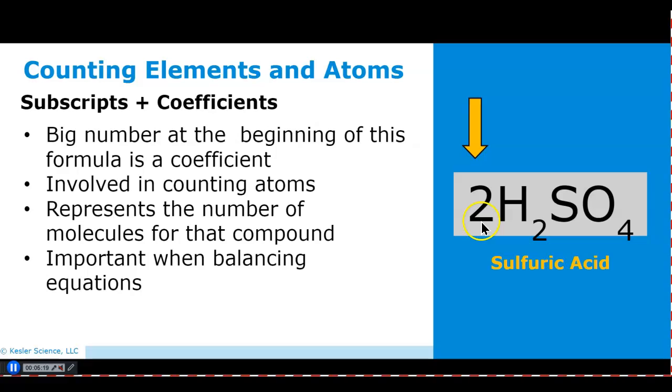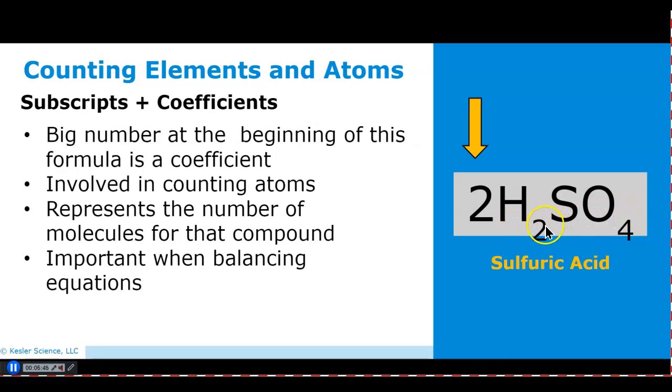So let's take a look here. So we have 2 sulfuric acid molecules. So if we don't even look at this 2, we just pay attention to this side of the formula. We have hydrogen and we have a subscript of 2. That means there are 2 hydrogen atoms in this molecule. For sulfur, there is no subscript. That means we only have 1. And for oxygen, there is 4.